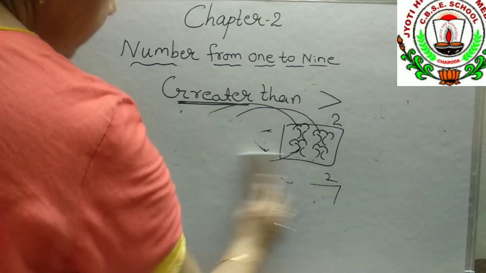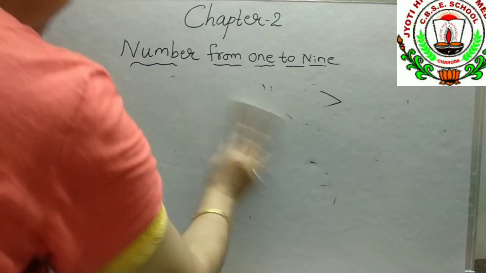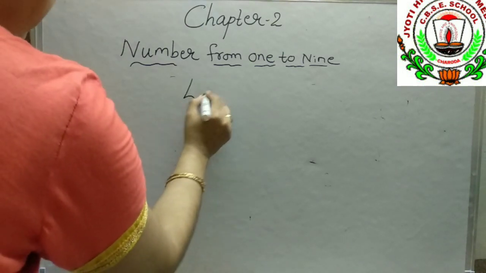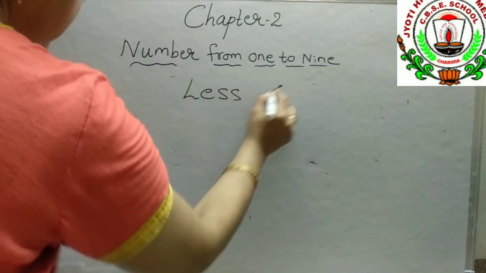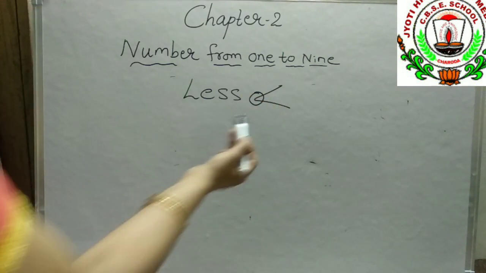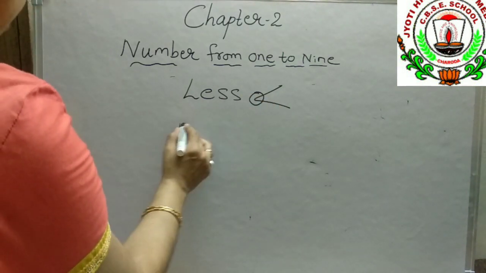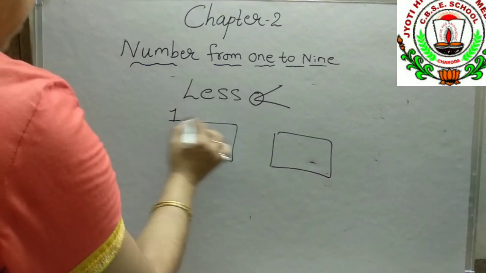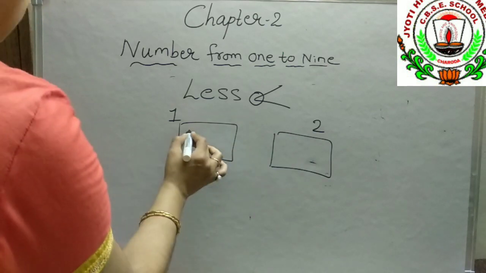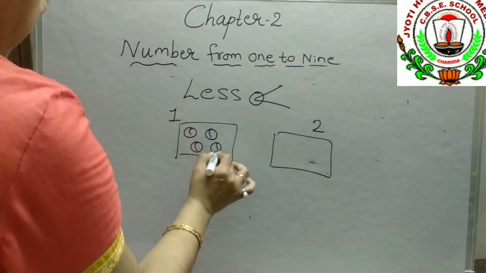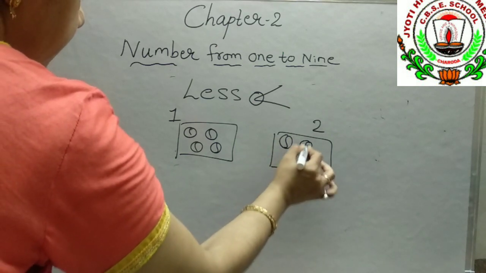Now next we will see the less than. What is the sign of less than? In less than, the backward part should be toward the number which is less. Again I am drawing two boxes. We will compare the things in the two boxes. Now I have drawn balls.